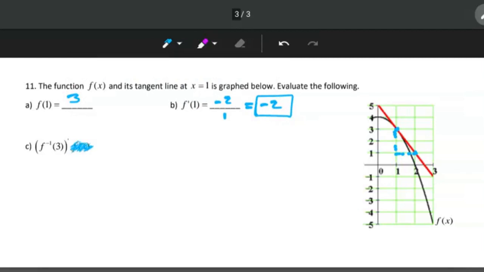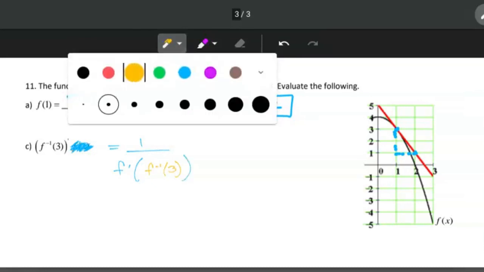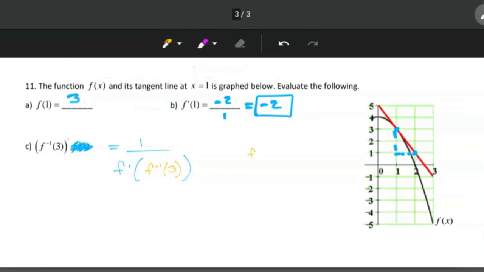Let's just do derivative of the inverse of 3. If it said that, you guys know the formula. 1 over f prime of the inverse of 3. So of course, you have to find the inverse of 3 first. So I do that off to the side. Inverse of 3 equals blank. That's really f of blank equals 3. So we're looking for a point on the graph of f, that black graph right there.